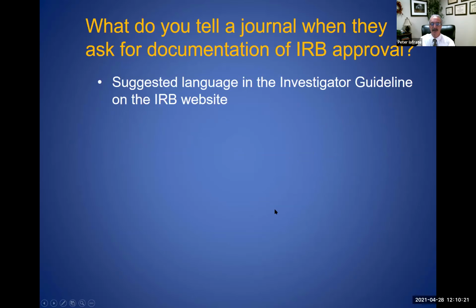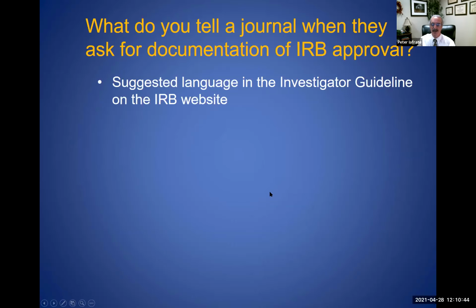What do you tell a journal when they ask for documentation of IRB approval? Well, if you go to our Investigator Guidelines and you go to this topic of open access databases, it'll give you some suggested language you can tell them.